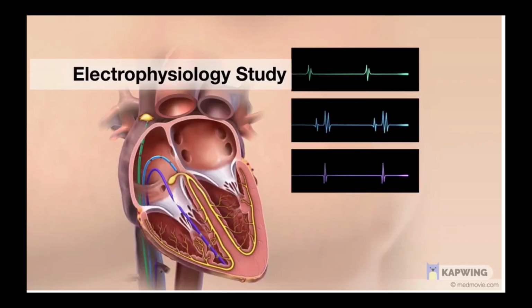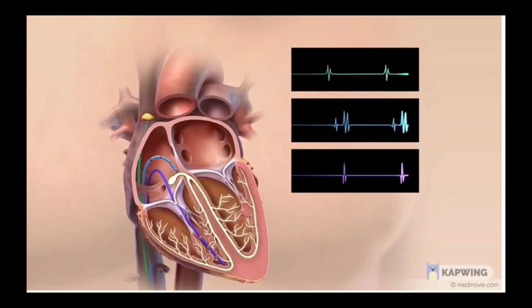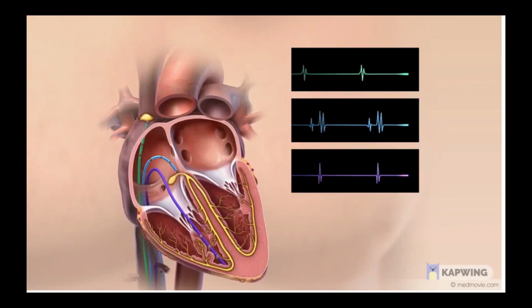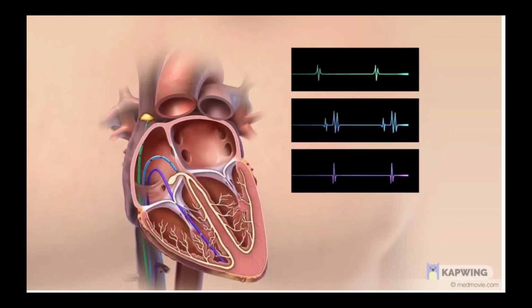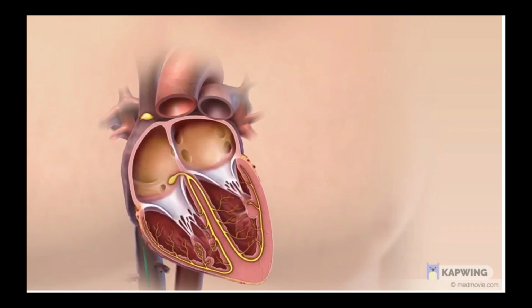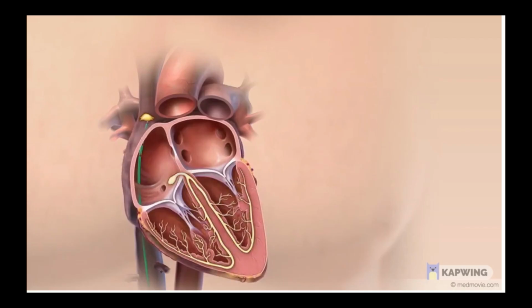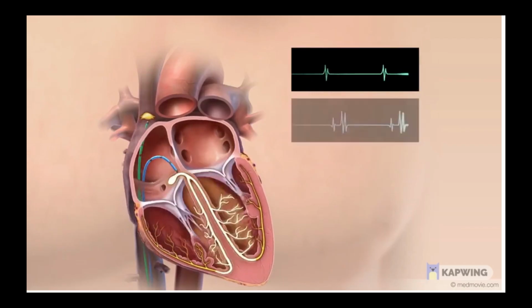Let's go to the EP study. As we know, we will put an RV catheter from which we will pace, and we have a His catheter, a coronary sinus catheter, and a high right atrium catheter. Let's assess retrograde conduction when we pace from the RV to differentiate whether it is nodal or extranodal.